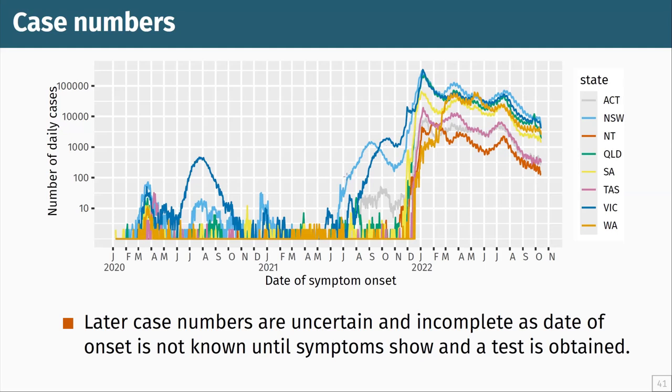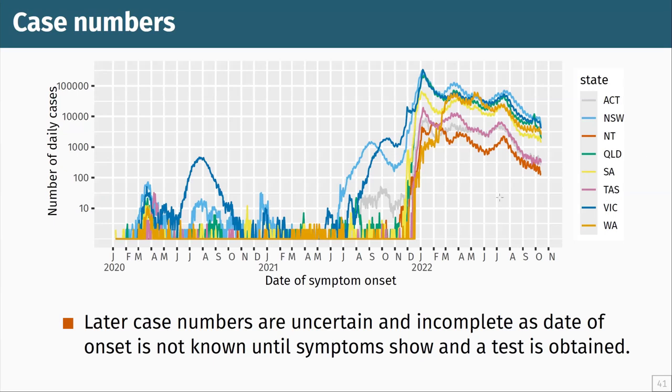Then these ones, this was New South Wales and Victoria, towards the end in the second half of 2021, changing variants meant that there was another outbreak, and then it got quite bad at the start of 2022, and then it declined after that. I'm only showing you data to November 2022, but we are still looking at data like this.